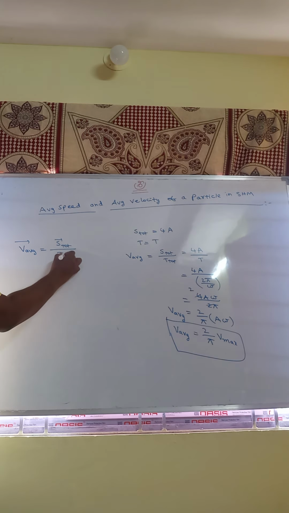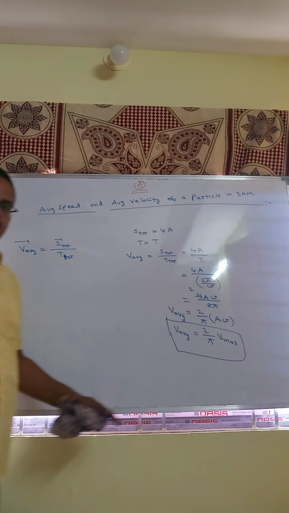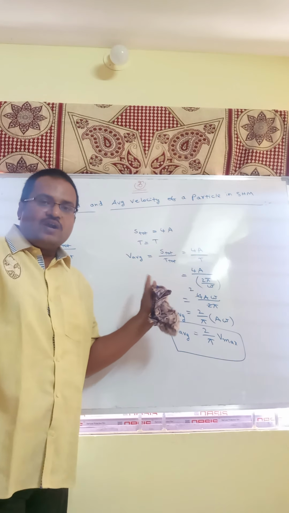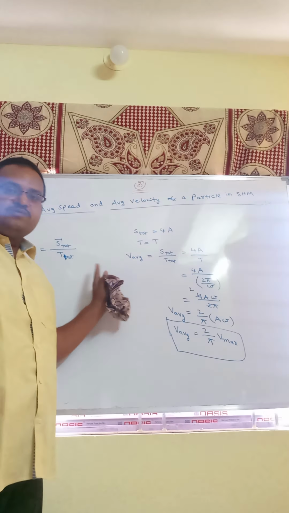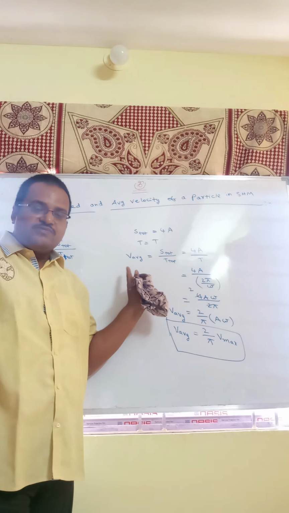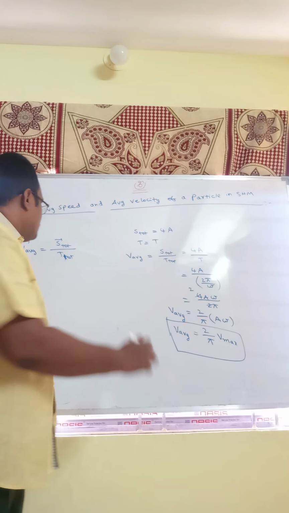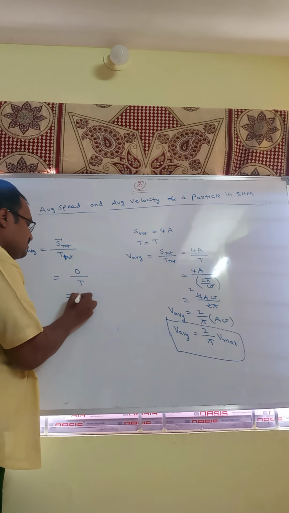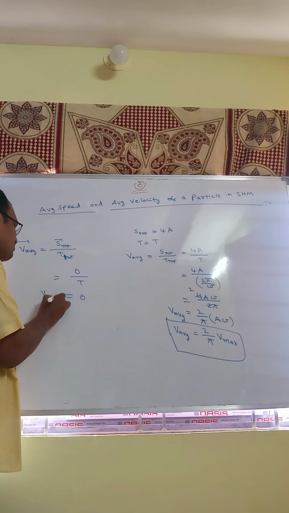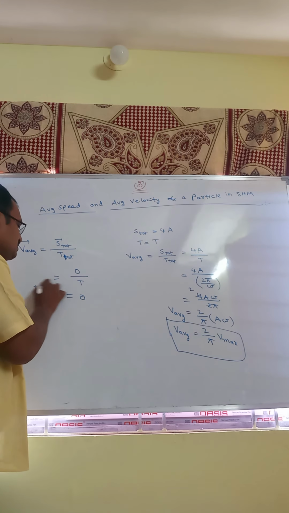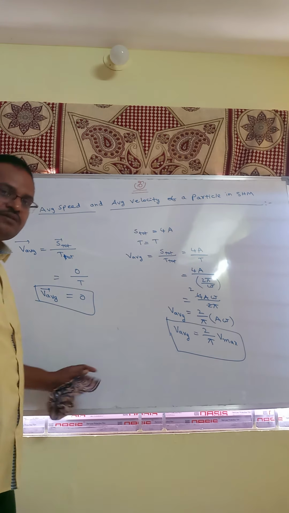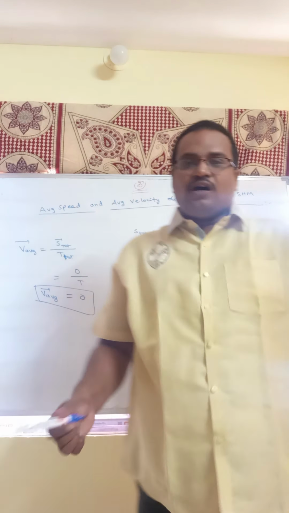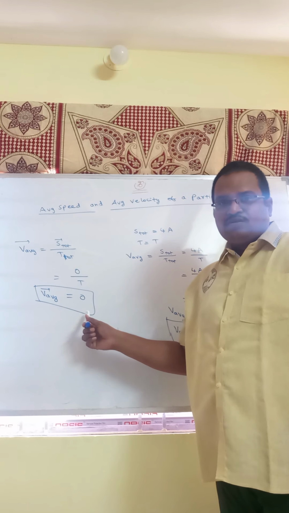If a particle completes one oscillation, its total displacement is 0. So V average equals total displacement by T, that is 0. Therefore, average velocity of a particle in simple harmonic motion for one complete oscillation becomes 0.